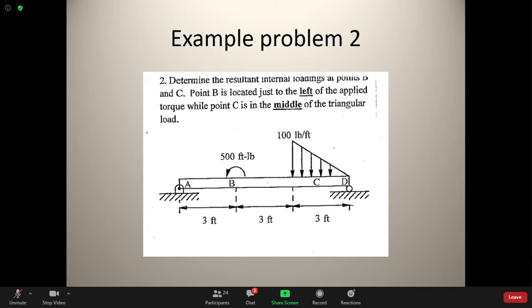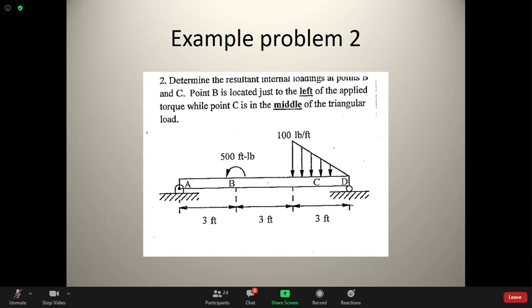At A, it's a pin joint, so I will have two reactions, AX and AY.